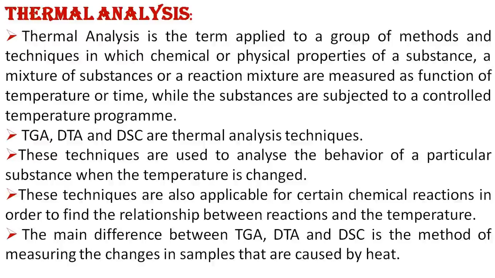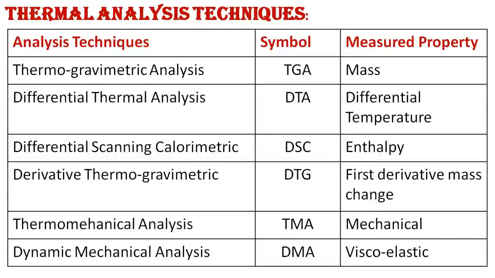These techniques are used to analyze the behavior of a particular substance when the temperature is changed. They are also applicable to certain chemical reactions in order to find the relationship between reaction and temperature. The main difference between TGA, DTA and DSC is the method of measuring the changes in samples that are caused by heat.